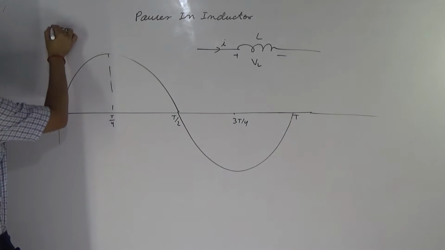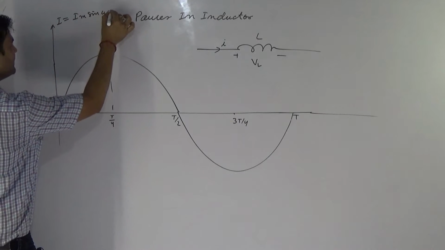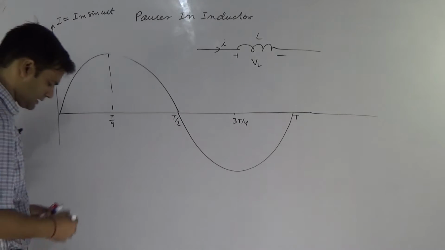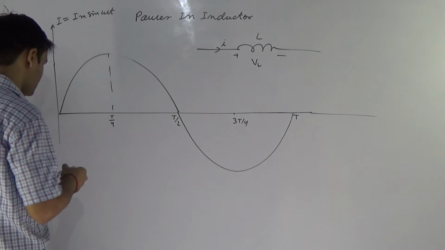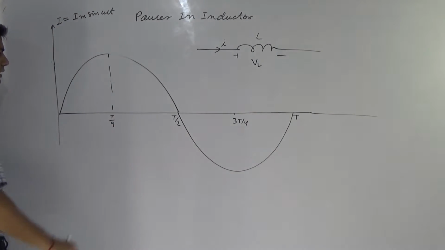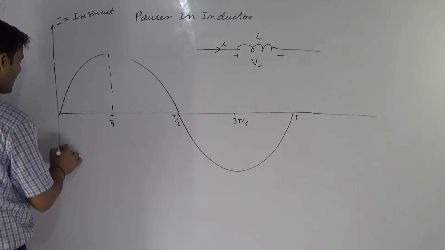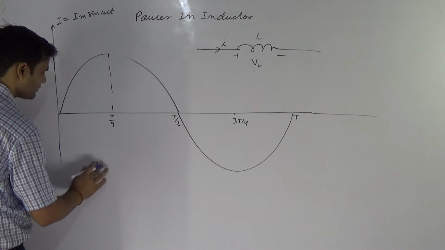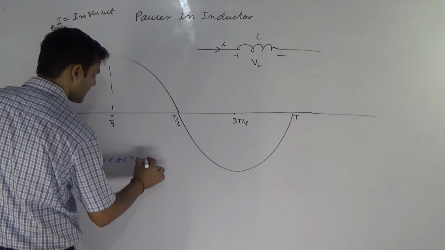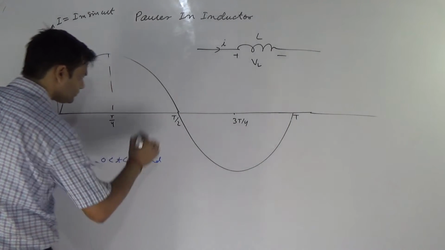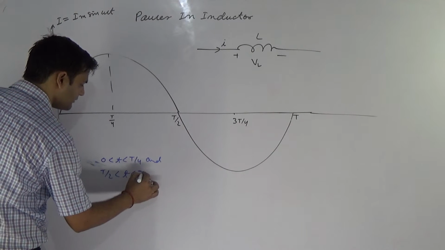Suppose this is current I equal to Im sin omega t. Our discussion focuses on when I is positive in magnitude, from 0 to T by 4 and T by 2 to 3T by 4.